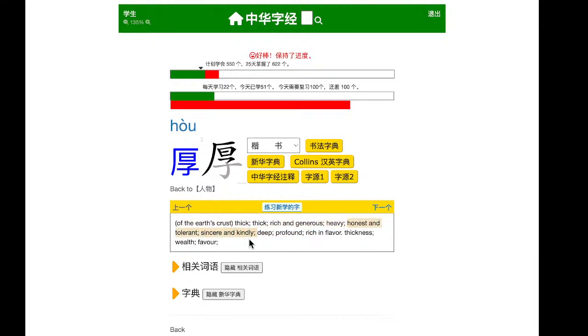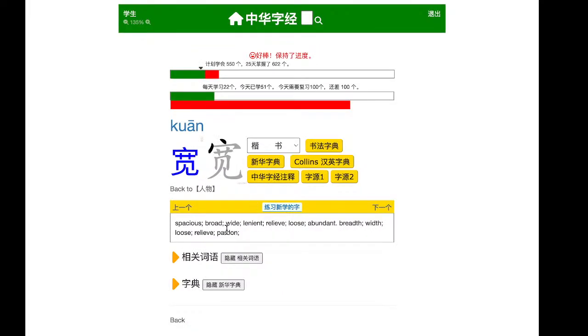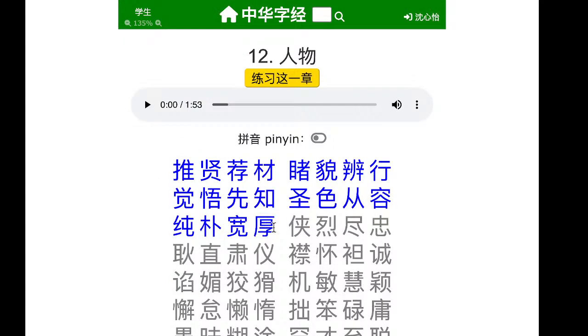If you say 厚道, you're talking about these. If you call someone's character thick, it means they're really genuine and reliable, honest. 宽厚. So this 宽, in this context, we're talking about merciful and generous, basically. 淳朴宽厚.